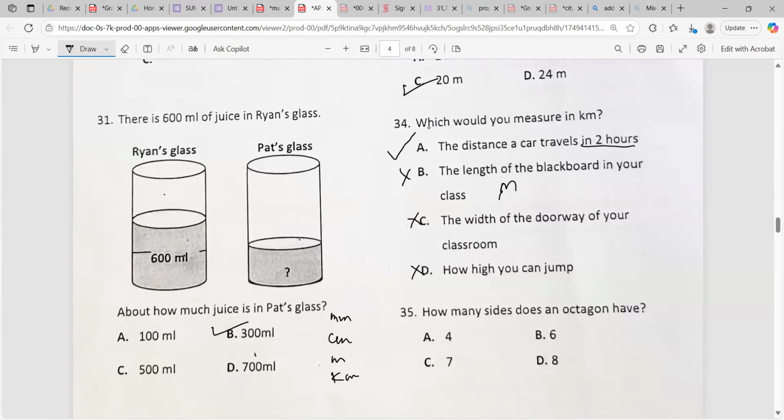We use kilometer when it's a long distance, all right? Meter when it's reasonable, like the blackboard, or even a house. If you want to tile your house, they measure it in meter, because kilometer would be too long. What about a toothbrush? Which unit could be best to measure it?